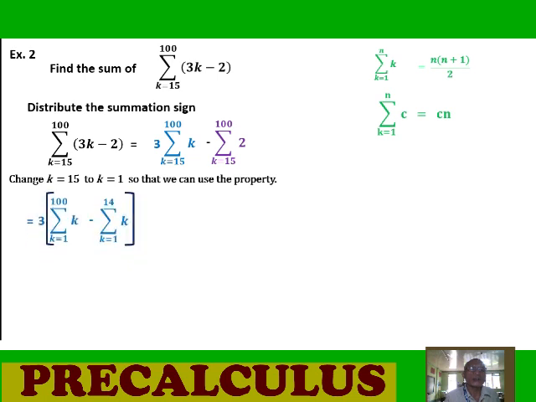So change k equals 15 to k equals 1 so that we can use the property. So we may rewrite as 3 times the quantity summation of k as k starts from 1 to 100 minus summation of k where k starts from 1 to 14.